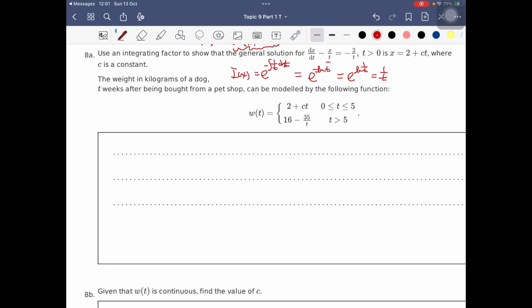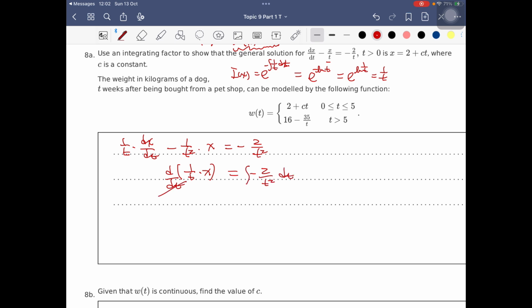So dx over dt times 1 over t minus 1 over t squared times x equals negative 2 over t squared. So on the left side, d of 1 over t times x over dt becomes negative 2 over t squared.